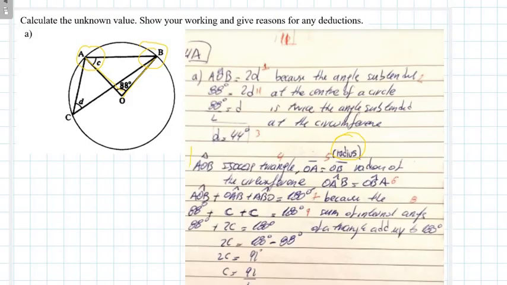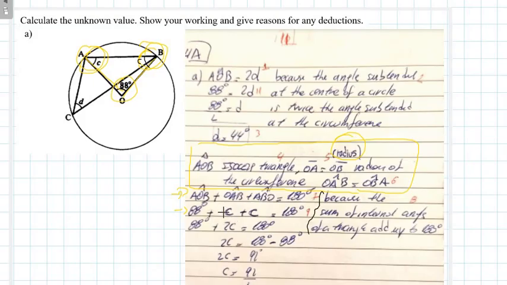And once you have said all this, what you do is you write the equation. You say that this angle plus this angle plus this angle equals 180. Now you replace the values: 88 degrees plus C, because this is C and this is also C, equals 180, because the sum of internal angles of a triangle adds up to 180.